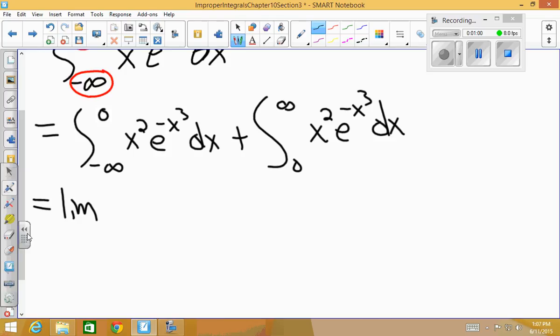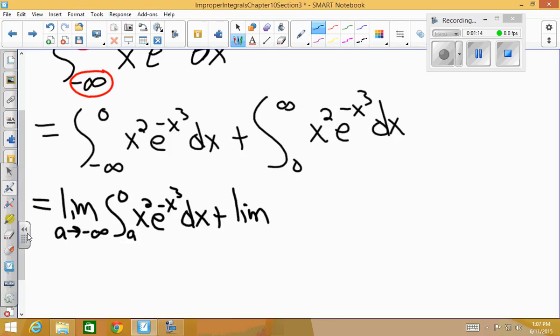So this is the limit as a goes to negative infinity, the integral from a to 0, x squared e to the negative x cubed dx, plus the limit as b goes to positive infinity, the integral from 0 to b, x squared e to the negative x cubed dx.